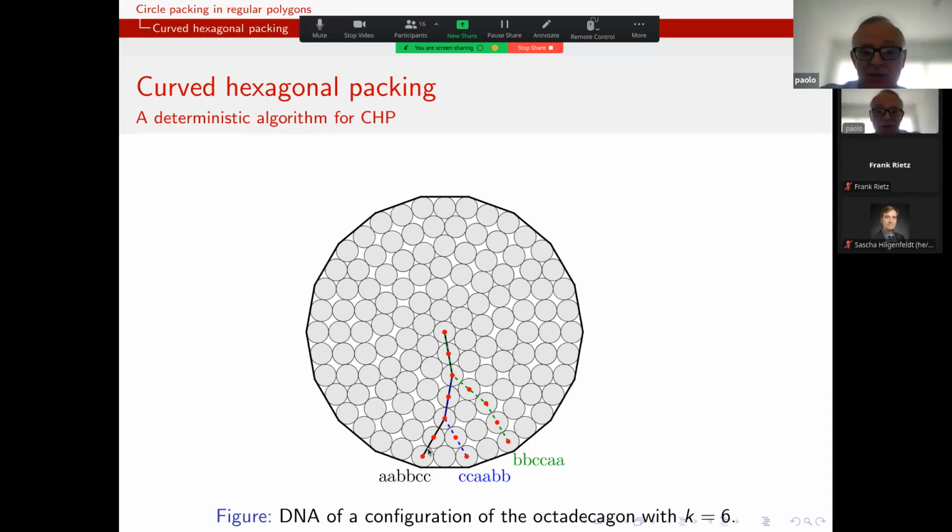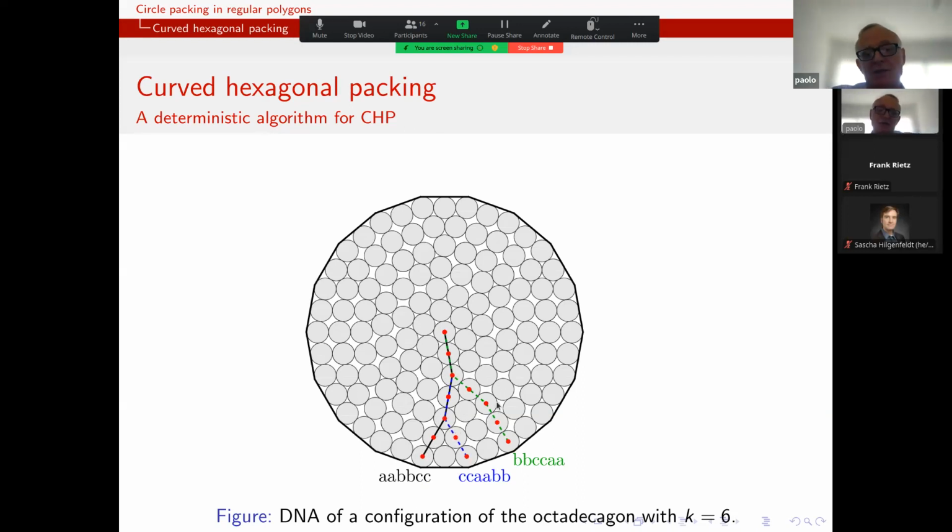The lexicographic code represents this. For example, this first one is AABBCC, because these are the smallest angle legs, then the middle angle legs, and then the larger angle legs. And this one is CCAABB because of the angles.